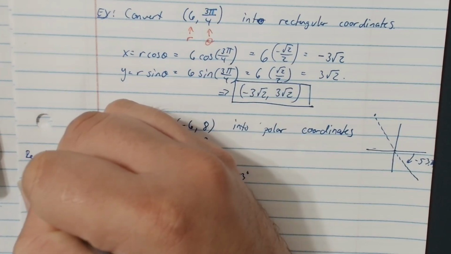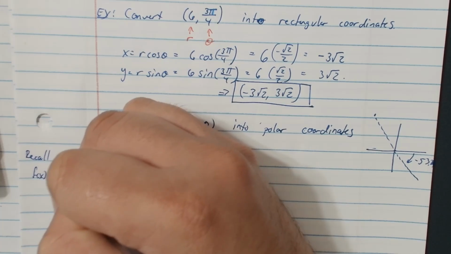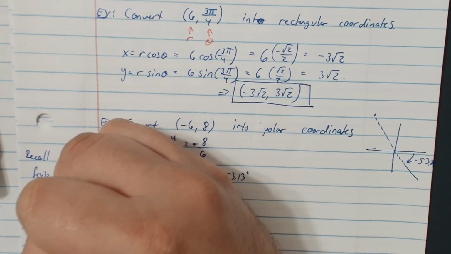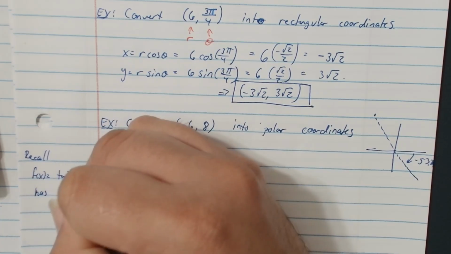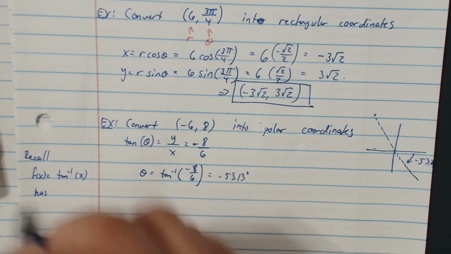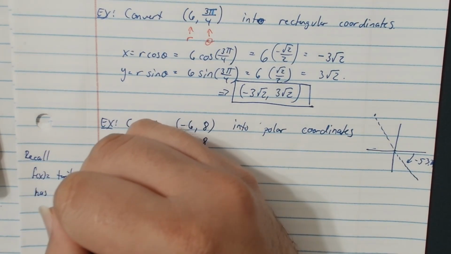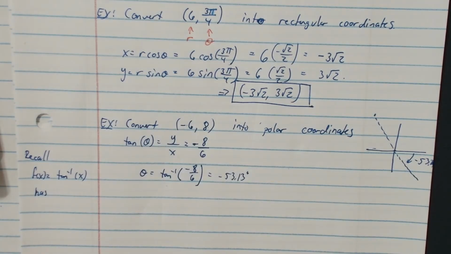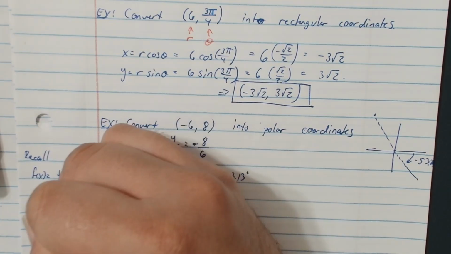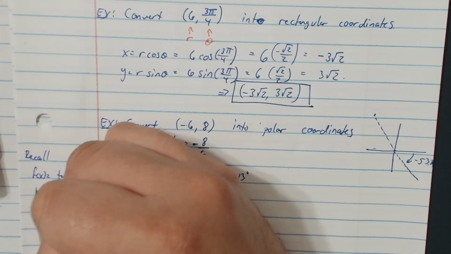Recall, f of x equals inverse tangent, or some people say arctangent of x, has a domain that's from negative infinity to infinity, but it has a range that is only between negative pi over 2 and positive pi over 2.